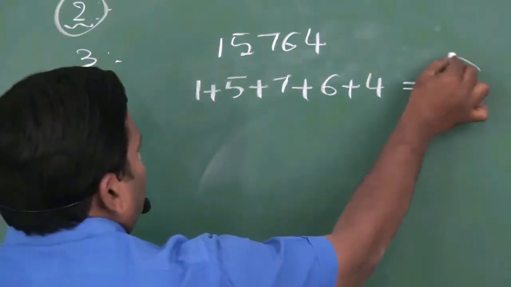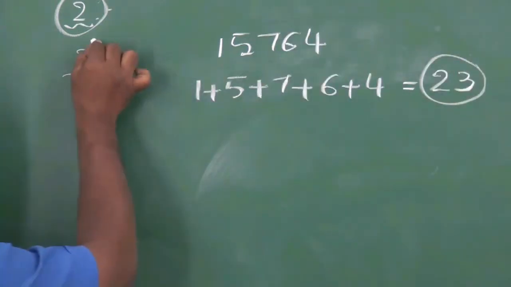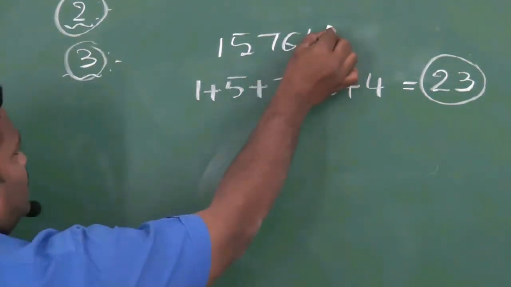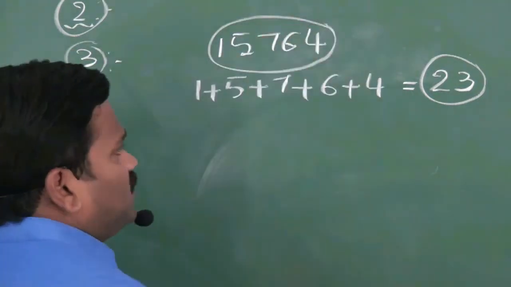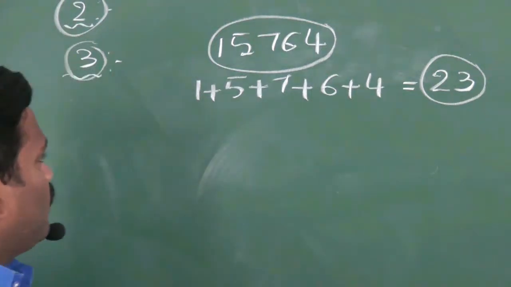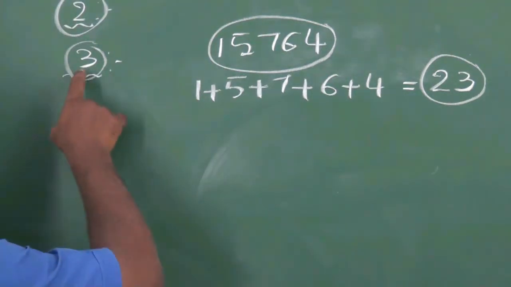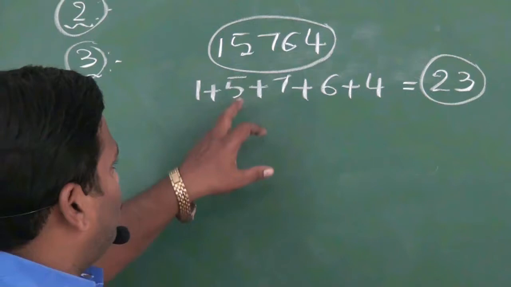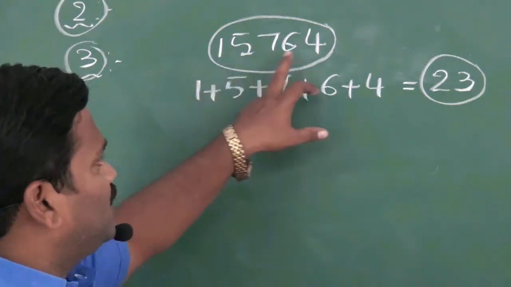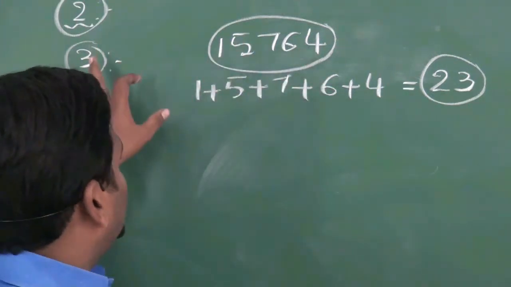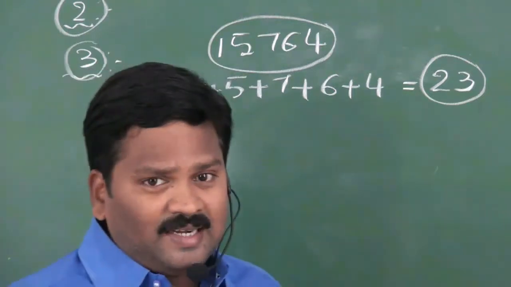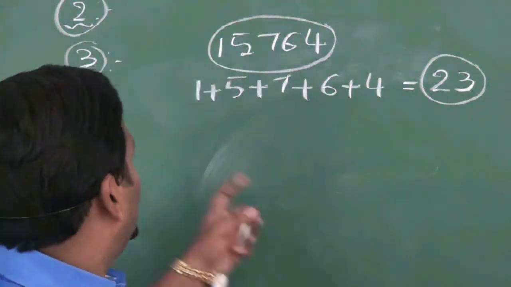This 23 is not divisible by 3. Therefore, this number is not divisible by 3. What is the divisibility rule of 3? In a given number, if the sum of the digits is divisible by 3, then the entire number is divisible by 3.